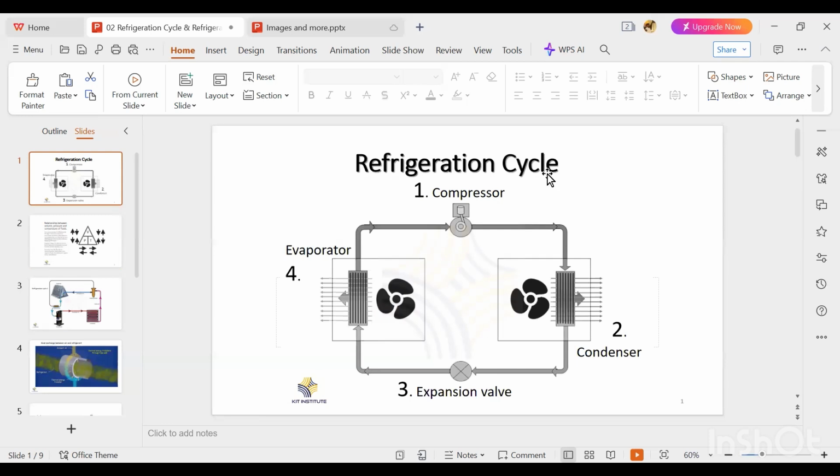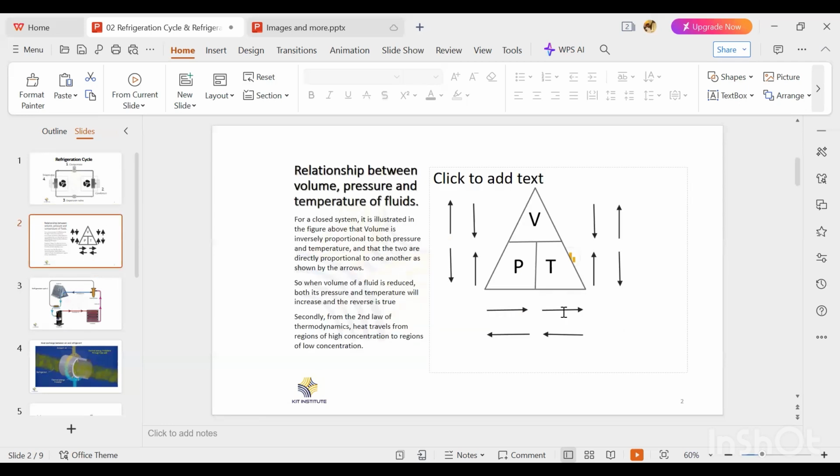You have to get this concept that volume increases as temperature and pressure fall down, and volume reduces as pressure and temperature increase.